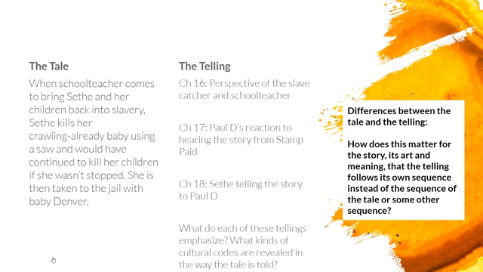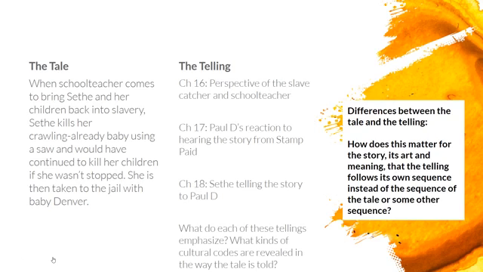D. And as we read all of these different tellings of the same tale, we want to think about, what are each of these tellings emphasizing, or perhaps even de-emphasizing or omitting? What kinds of cultural codes are being revealed in the way that the tale is told? So, for example, the language that the slave catcher and the schoolteacher use, they have a lot more racial slurs that they use.